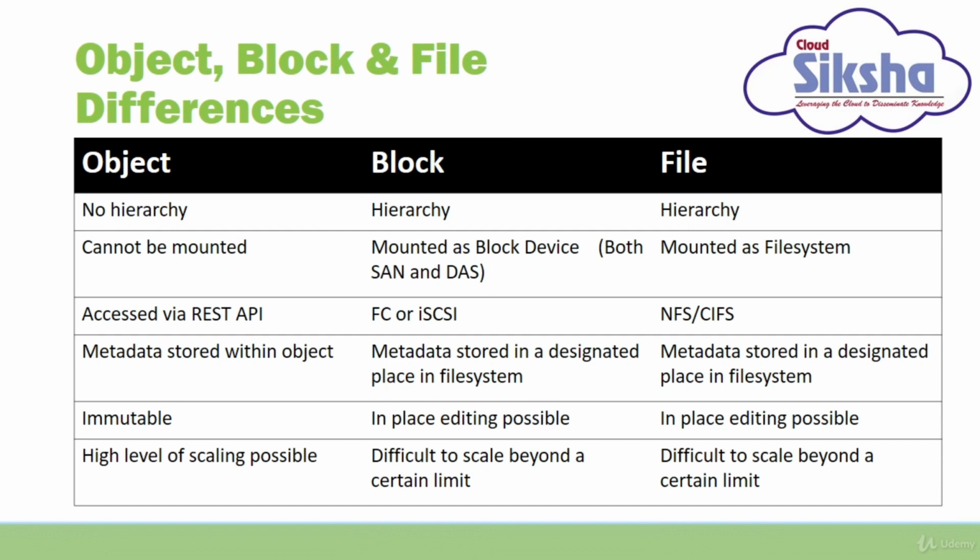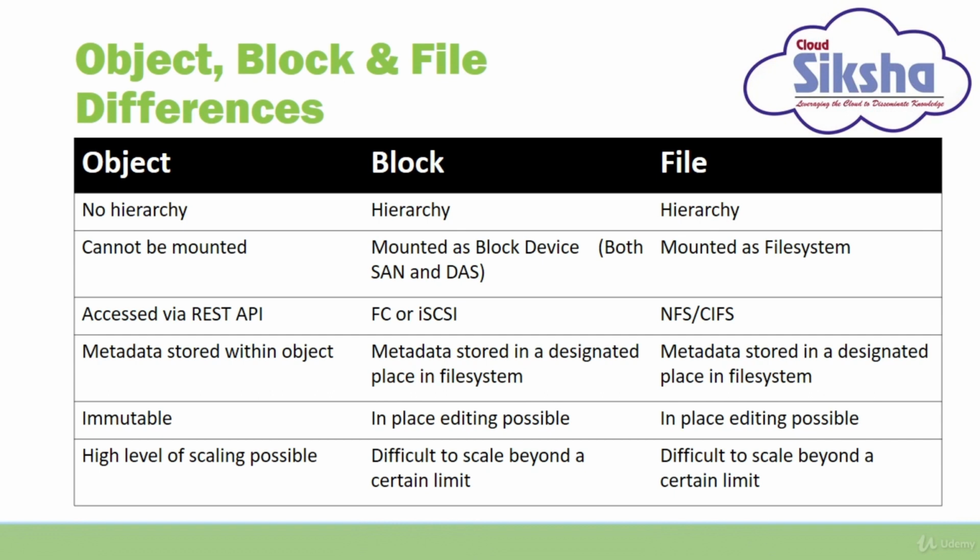Whereas in an object store, since there is no hierarchy, there is a flat namespace, the search becomes much easier, and therefore whenever high scales are required, like the scale at which Amazon or Google or Microsoft work, the internet scale as we call it, there is no choice but to use object store because of the high level of scaling that is possible.